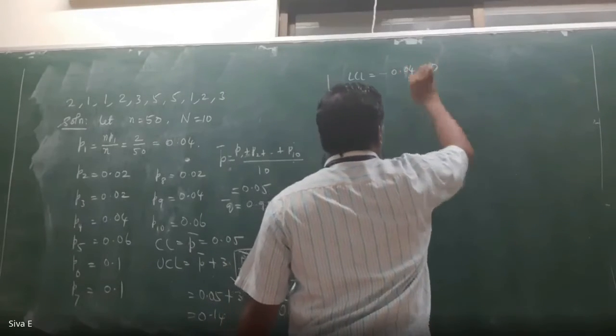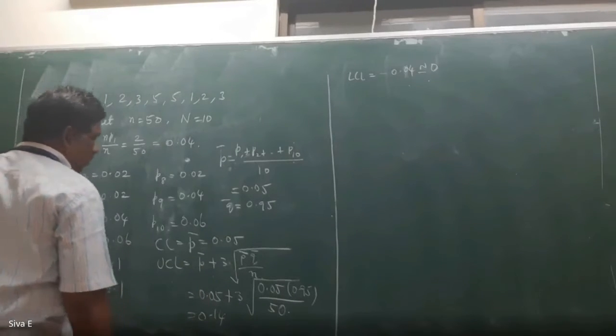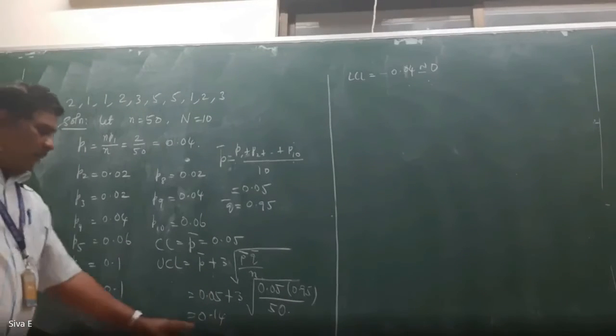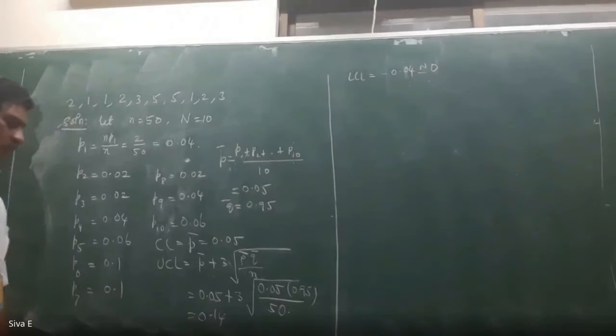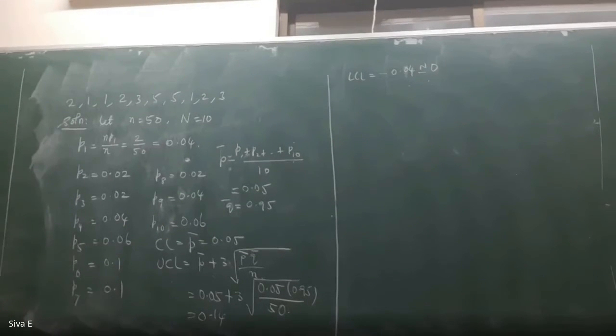So minus 0.04, approximately equal to 0. So CL is 0.05, and the highest value is 0.14. Check once again, UCL. Yes, 0.142. Yes, sir, 0.142.